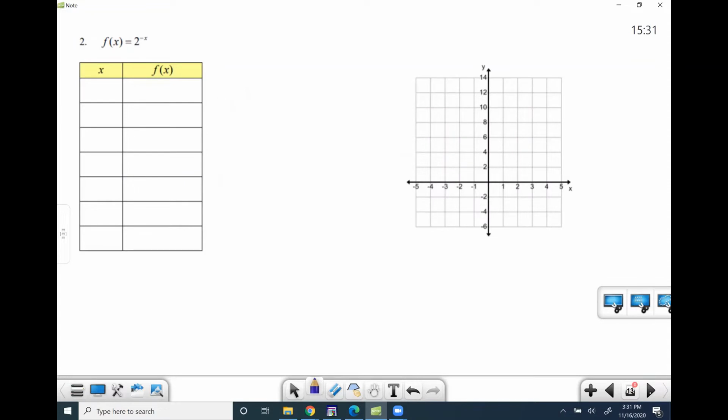So before you do one like this, I recommend you rewrite it. What I mean by that is exactly what we just did a second ago. Let me pick your brains and see if you can tell me how to rewrite that. 2 to the negative x. 1/2. 1/2 to the positive x?